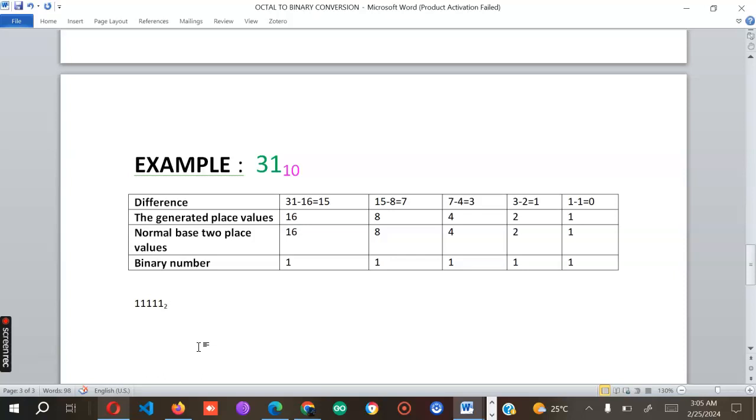So you can compare between the two cases, that is the long division method and the place value method, and try to compare which one is easier for you, and will take the shortest time possible for you. But I hope by now you have understood how to work on the two cases.